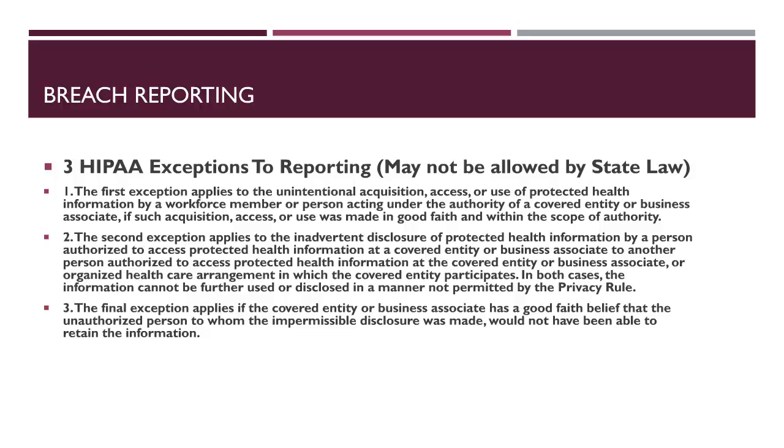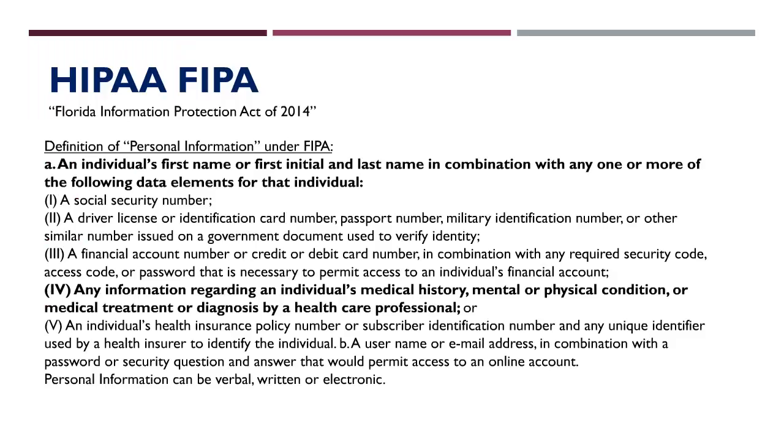And they are typically if the information went to another HIPAA covered entity, if the information was seen by a workforce member or business associate of that practice. Remember, a business associate agreement must be in place for this exemption.